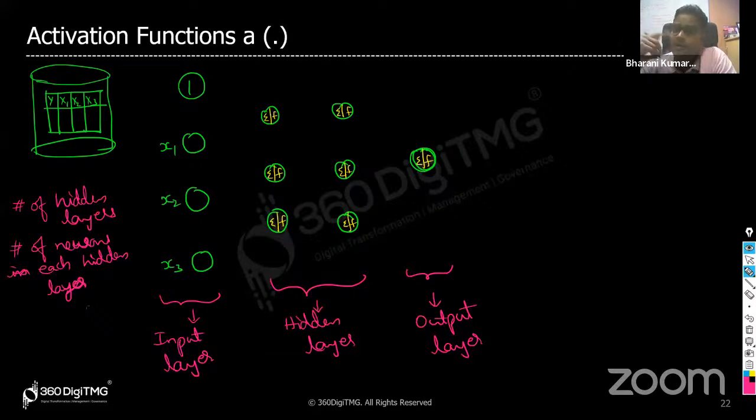That means you can experiment with these. You can use any number of hidden layers and any number of neurons in each hidden layer. So these are called hyperparameters. What are hyperparameters? Hyperparameters are those options which can be changed. By changing them, you experiment with your model. Okay.